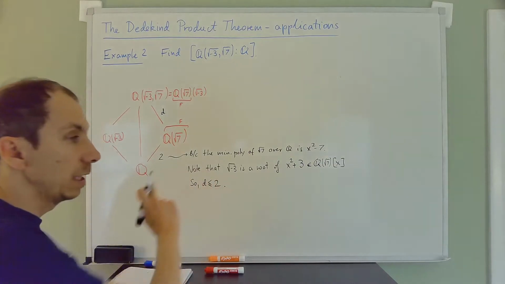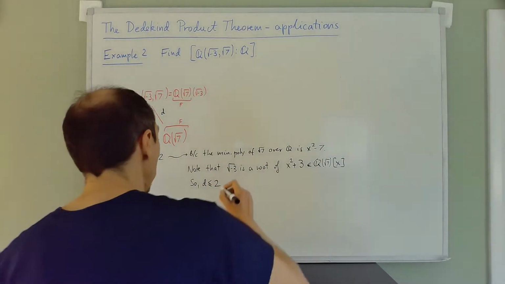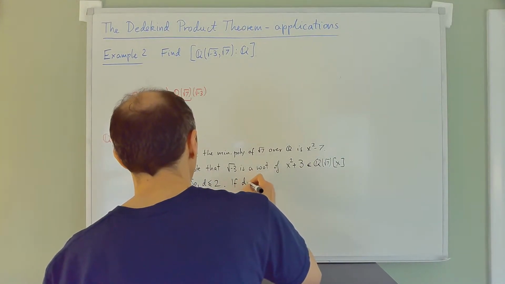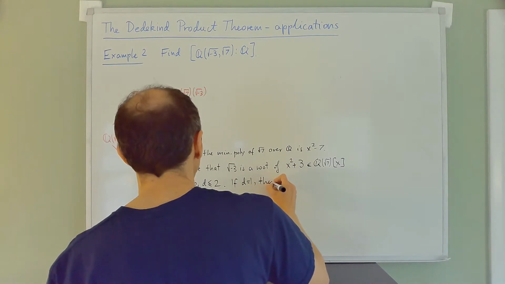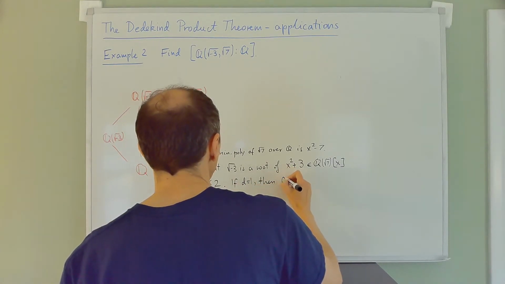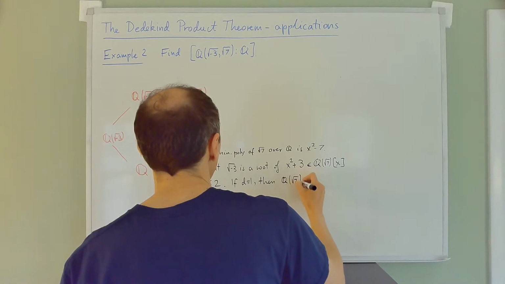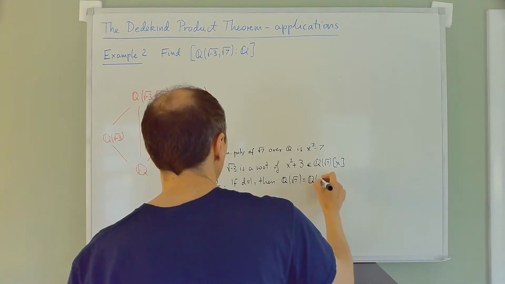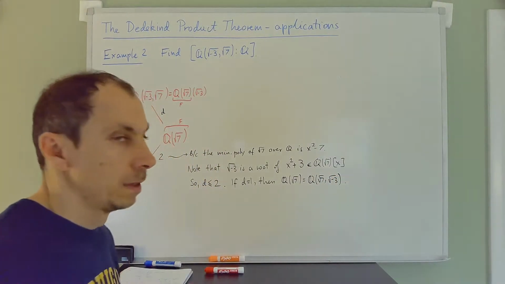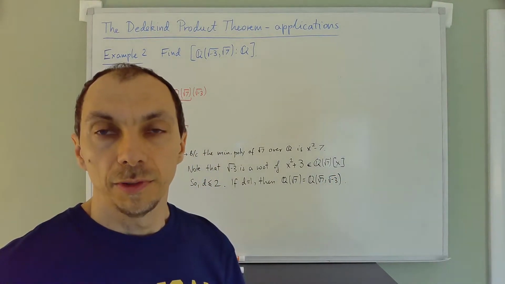What are the two options then for d? 1 or 2? If d is 1, then remember that means that these two fields are equal. What does that mean if they're equal?